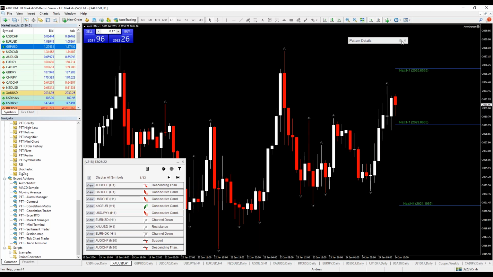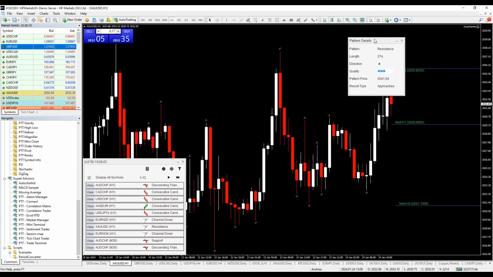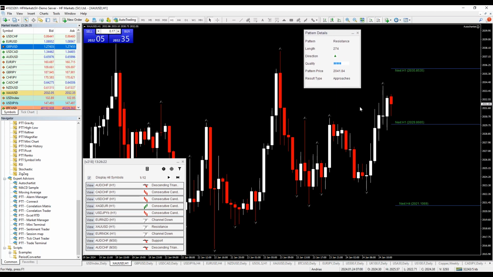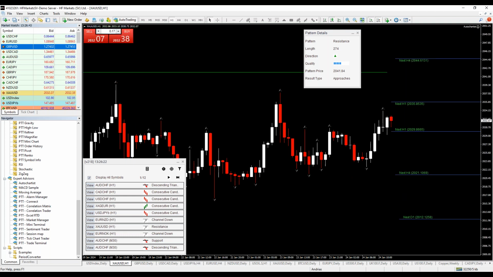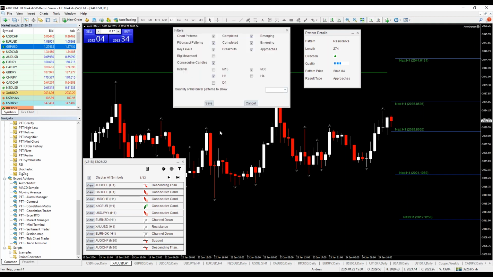And you can see resistance in the 1 hour chart, but it has already extended higher. The quality is quite poor, so not something that interests me. So I will filter also, I don't want the completed ones.